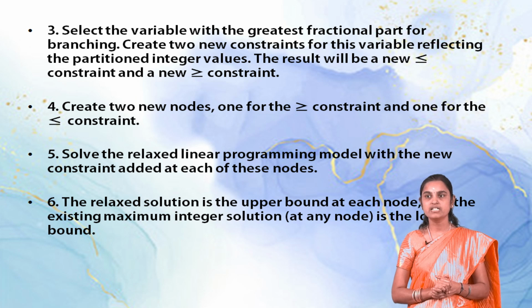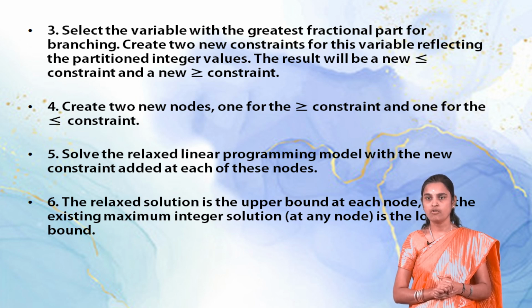If a feasible integer solution does not emerge, branch from the node with the greatest upper bound. Now return to step 3. For a minimization model, relaxed solutions are rounded up and upper and lower bounds are reversed.